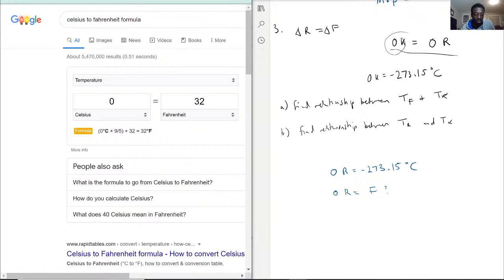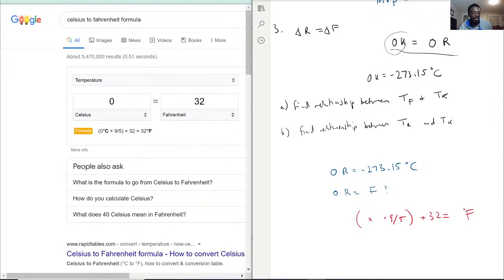And here, wow, Google's gotten really advanced. So we have x Celsius times 9/5 plus 32 is equal to the degrees in Fahrenheit.